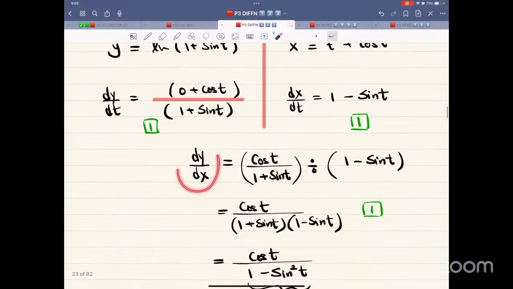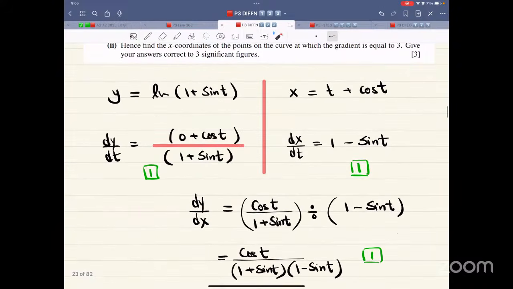So now dy by dx equals dy by dt divided by dx by dt. So that is the application of this. That is dy by dx.